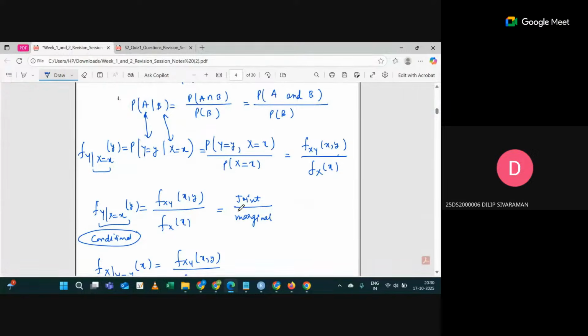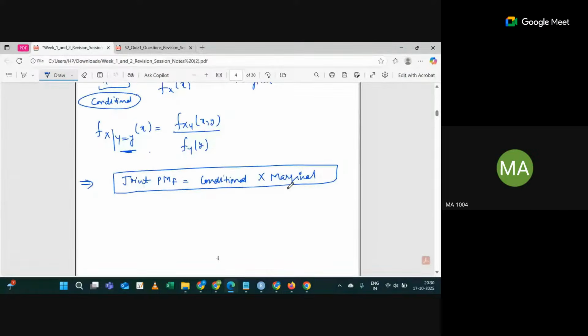Otherwise you need to be given a table where the joint PMF is already given, or you need to know the conditional probability. In real life, not always, but in most situations it's difficult to deal with joint probabilities, so we deal with the conditional and the marginal.